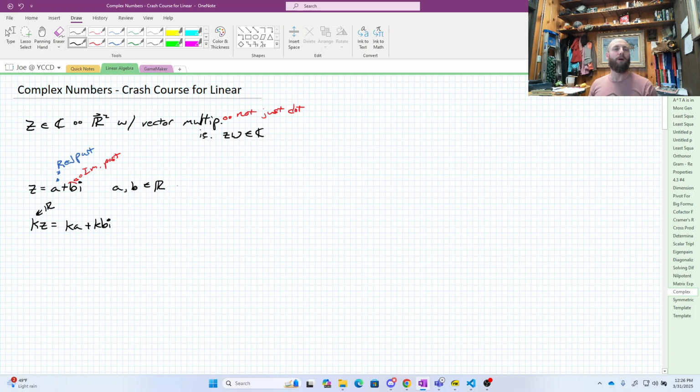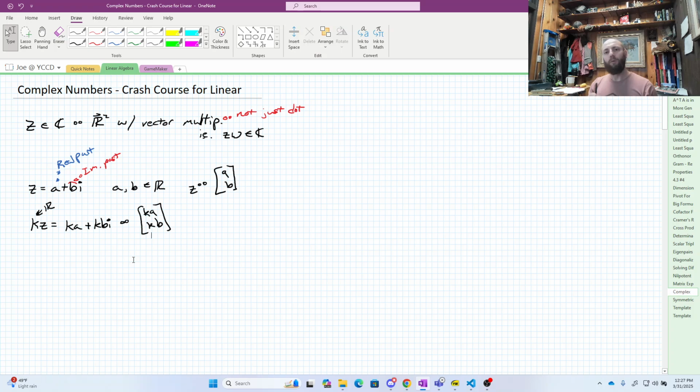If I'm thinking about z as a two-dimensional vector, I might think about it as (a, b). If I scale z, I get out a vector that looks like (ka, kb). So that's working as expected. Most things here are going to work as expected.